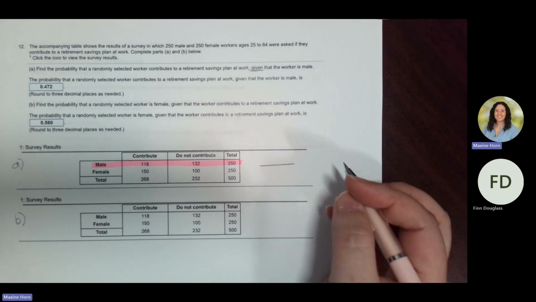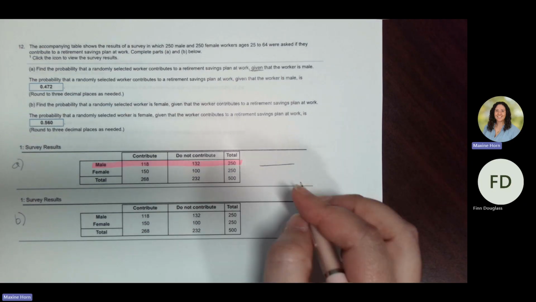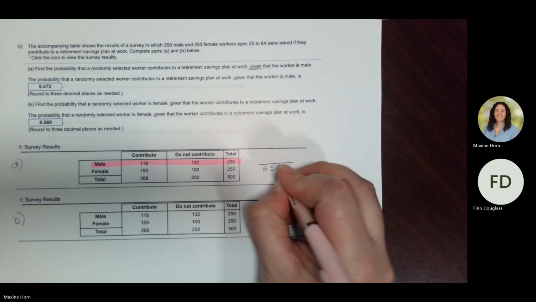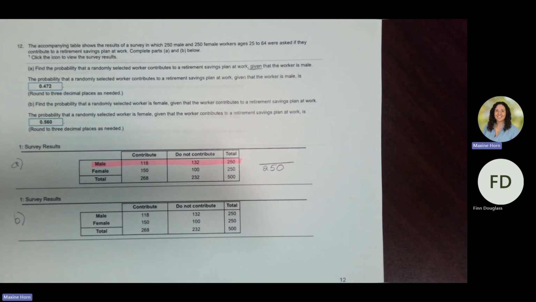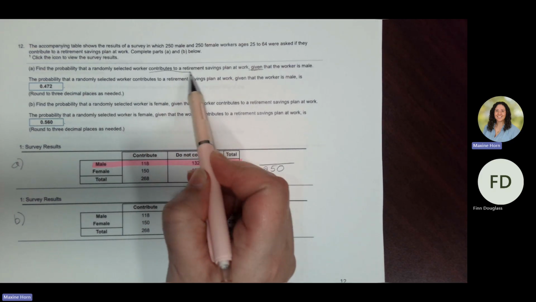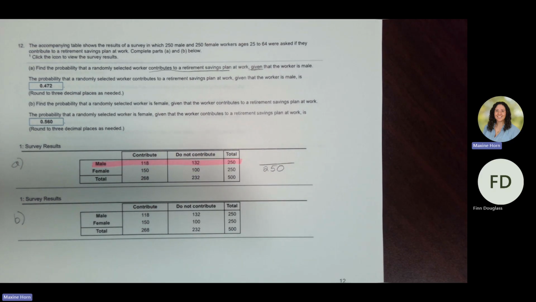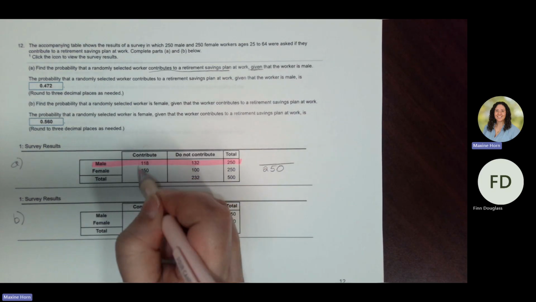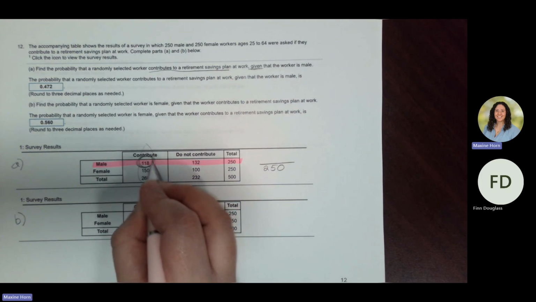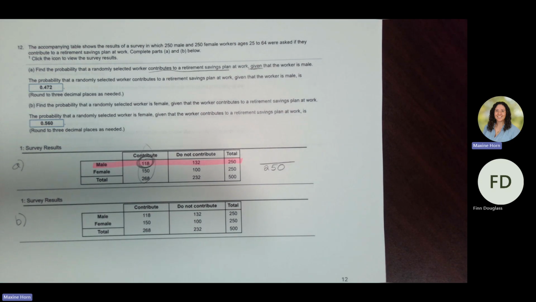So our given is the total number of males. In this case, we had 250. Once we've established that we're only looking at the males, they want to know the probability that they contribute to the retirement savings plan. So that's this column right here. But remember, we can only use what we've highlighted in pink or whatever color you happen to choose.